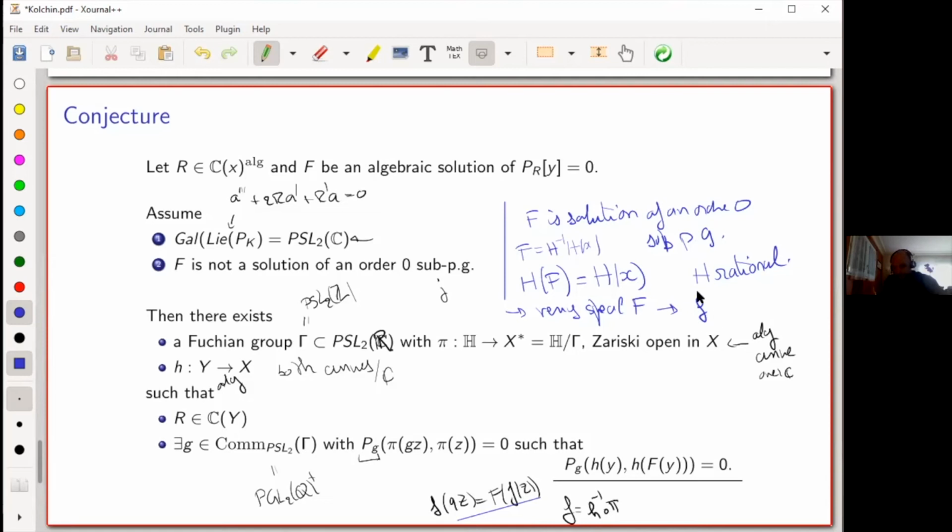And then the F you get here is in fact periodic. So if you compose F many times with itself, you will get the identity. Now, if you look at the condition on Q, that is bigger than 1, it will give you a contradiction. So this is not a solution of order 0.